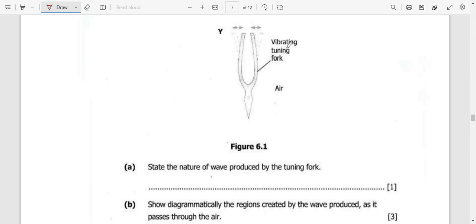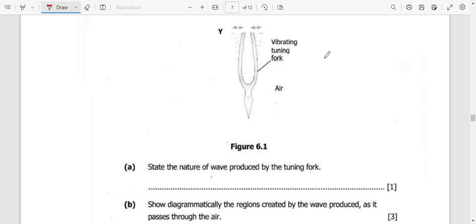If we are talking about the nature of waves, we have got either longitudinal waves or transverse waves. Now when you are talking about sound, is sound a transverse wave or a longitudinal wave?